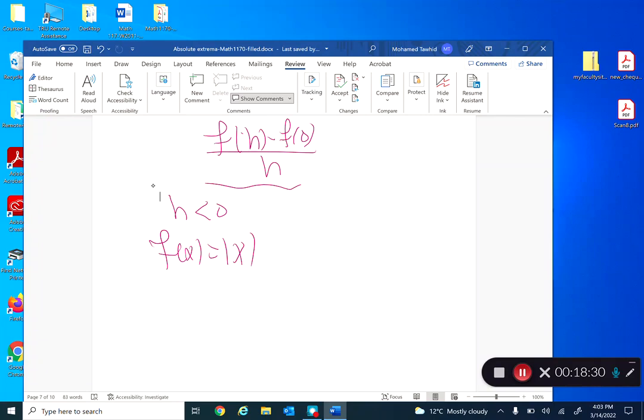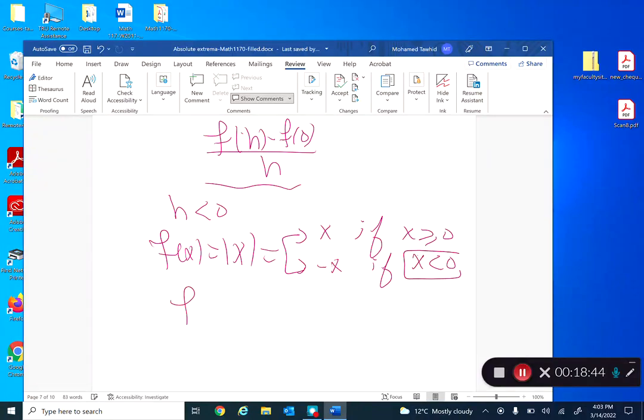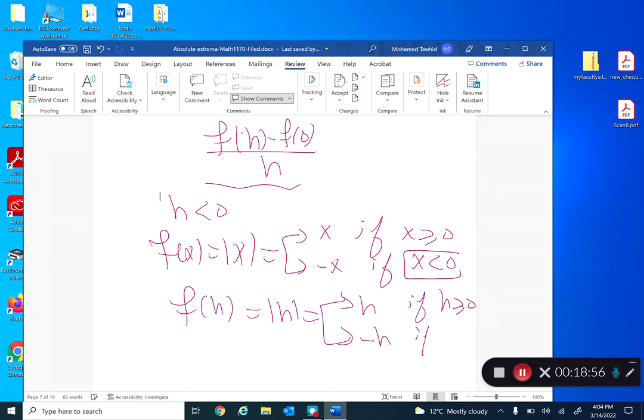Recall, it is x if x is greater than or equal to 0, and negative x if x is less than 0. So f of h is the absolute value of h: h if h is greater than or equal to 0, or negative h if h is less than 0.